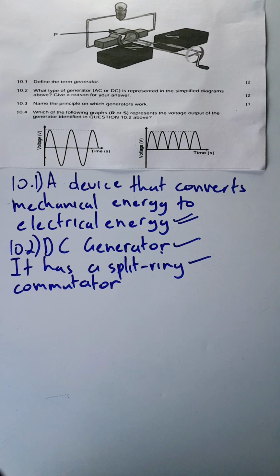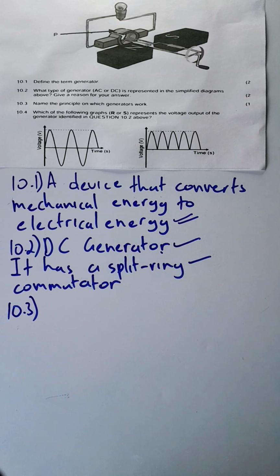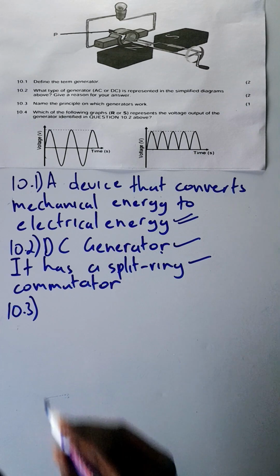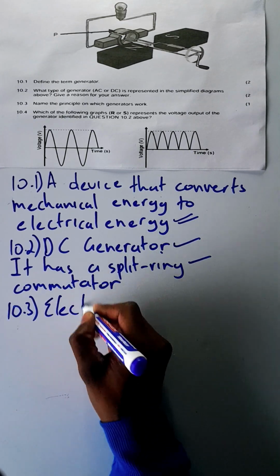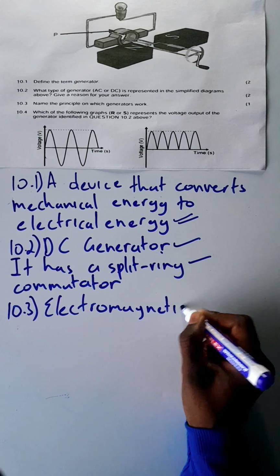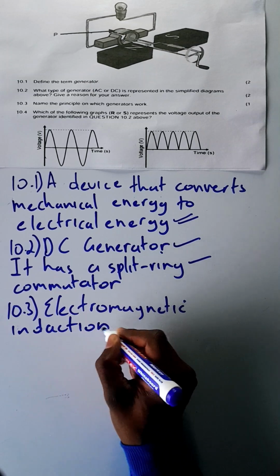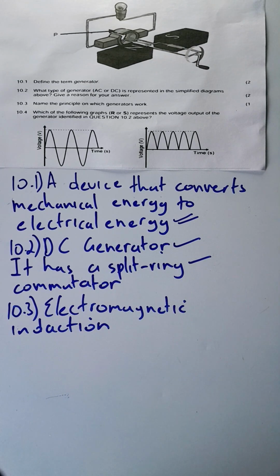Okay. 10.3, name the principle on which the generator works. The generator functions on Faraday's principle of electromagnetic induction. The principle of operation of a generator is electromagnetic induction.